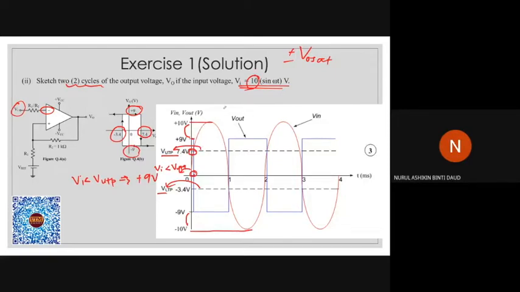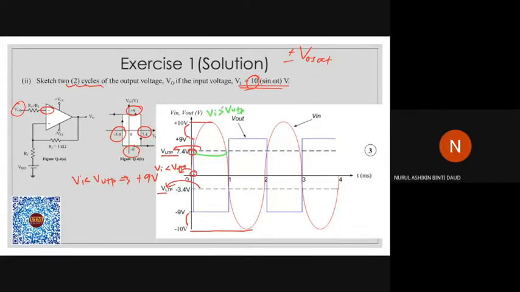So it means that at this interval, I change pen, I think it's going to be much easier for you to differentiate. Green, okay. At this interval, this is when the V input is more than V UTP, because it is higher than V UTP, right?